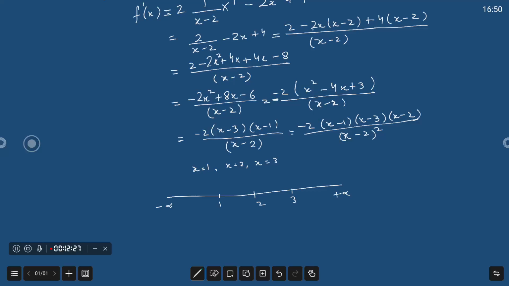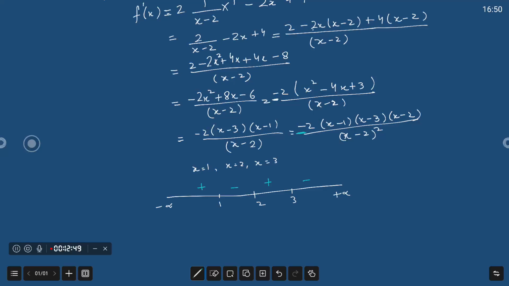Now because there is a minus sign here before this expression, what is the value of this expression if x is positive? A minus. So that means the rightmost interval will be minus, then you have plus, then minus, and then you have plus. Right?